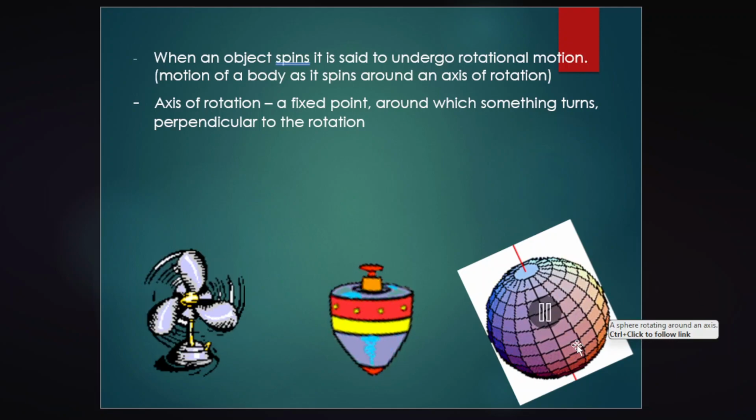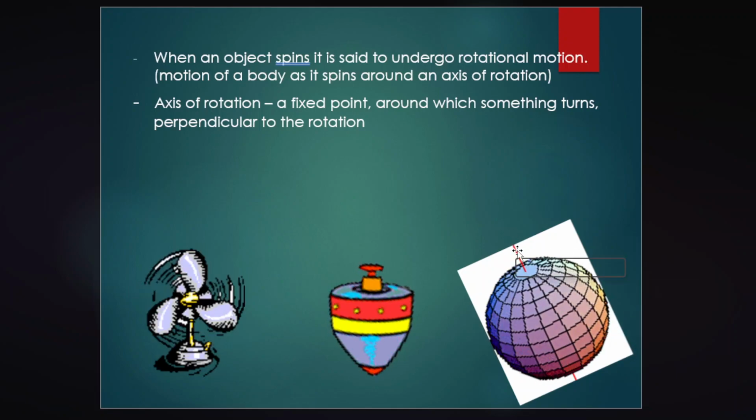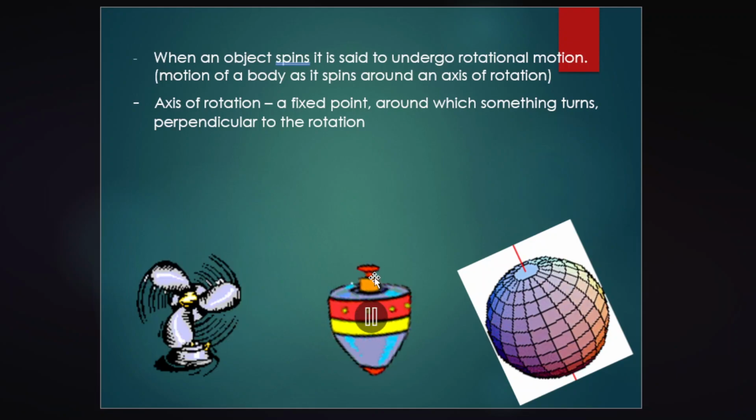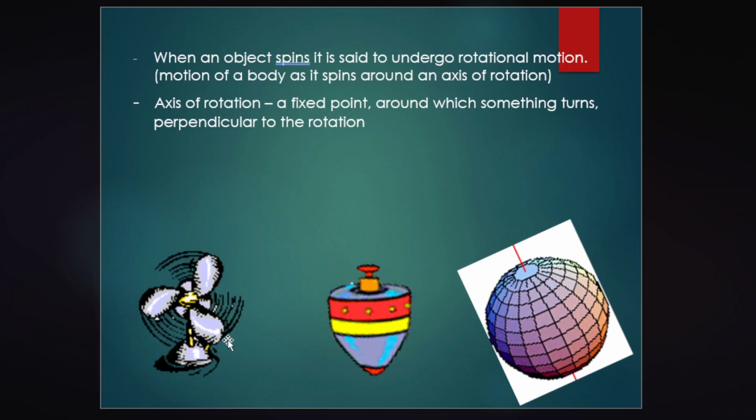So if this was like the Earth, you have the axis of the Earth going through the North and South Pole with the Earth spinning around it. Toy tops have the axis of rotation going straight down from here. It has like the plunger and the tip. And then things like fans and propellers, you have the center, the middle, and the fan blades going around that.